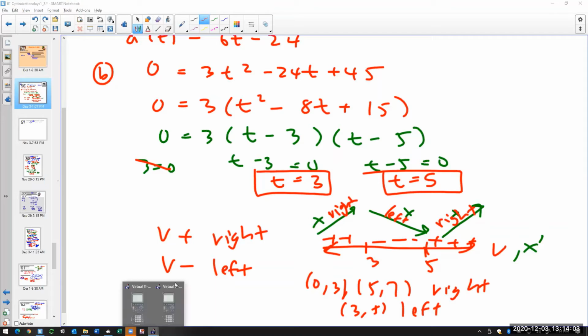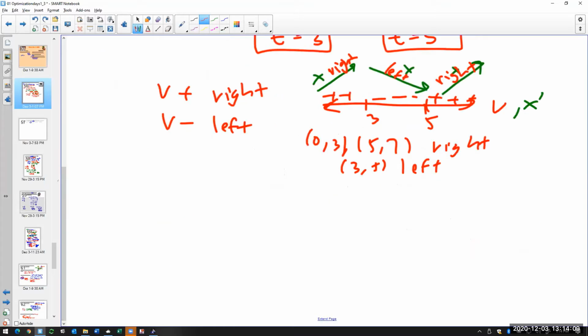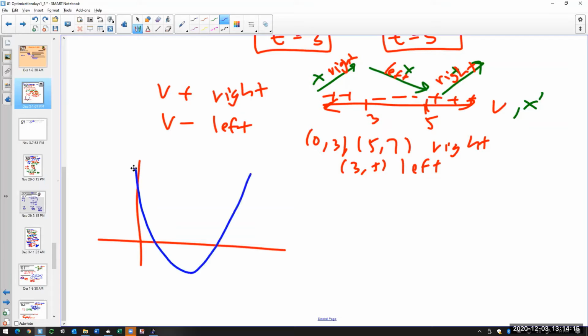And actually, guys, if you wanted to calculate that, let me write this down. Remember, if you went to your picture, you would have a picture that looked like this, and this is your velocity graph. If it's a fraction, it's hard to figure out. The way you figure out the time at this point, if this is your V graph, isn't this when V prime is equal to 0?